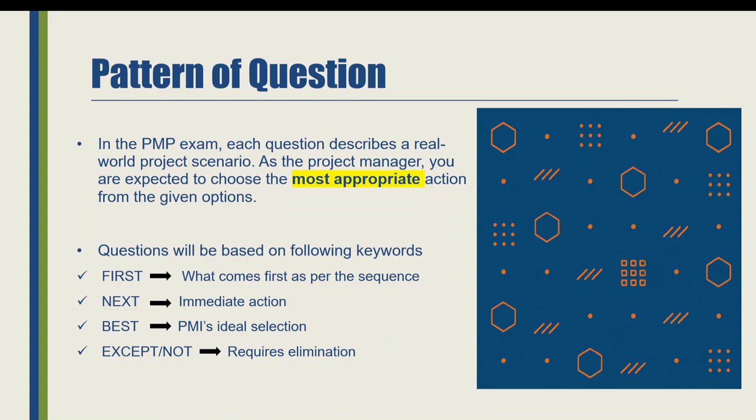First: what comes first as per the sequence? Next: requires immediate action. As a project manager, you are supposed to take immediate action when some action is triggered. Best: that is PMI's ideal selection or requires PMI's mindset. For example, there will be a scenario where the PM has to select the answer and at least two options will be very close to the answer.